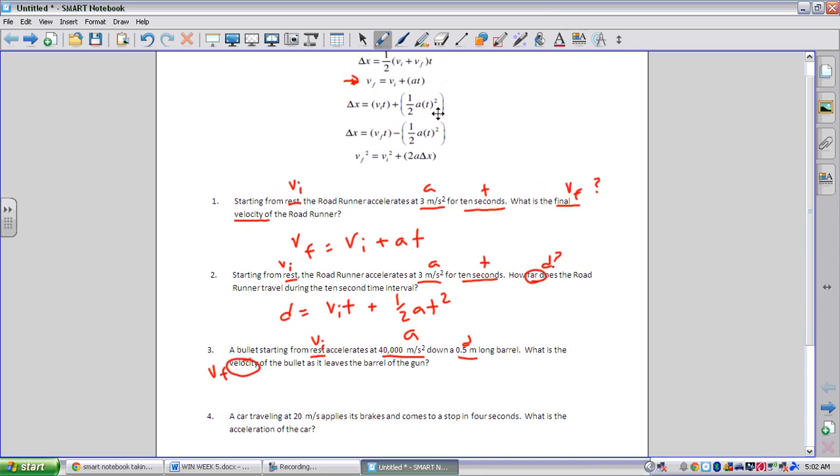And if you look at these two final velocity equations, this last one makes the most sense because it uses distance instead of time. So we'd be able to plug in our values into this last equation. So it's going to be Vf squared equals initial velocity squared plus 2 times a times the distance, 0.5 meters.